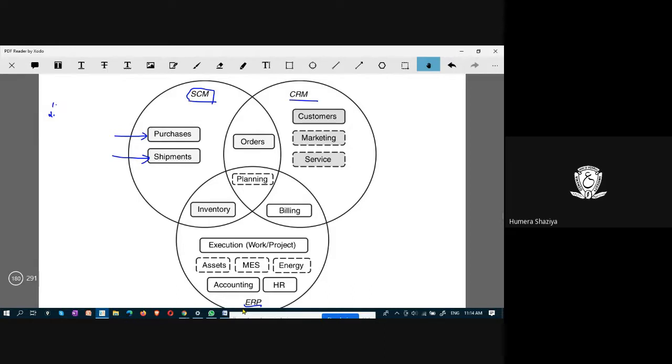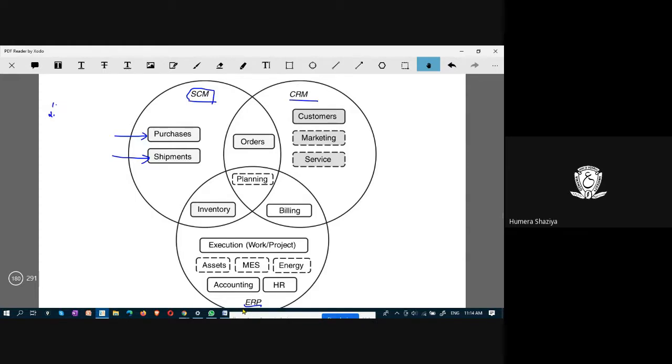There is a service industry as well that performs only service without any concrete product. There are many enterprises, different types. This order is a part of both SCM and CRM. You can ship a product only when the customer gives an order.